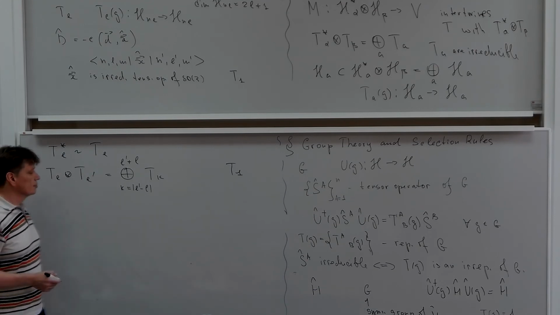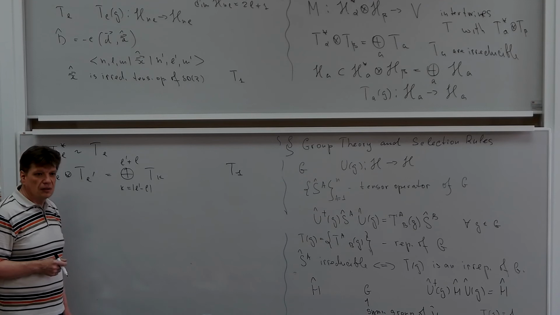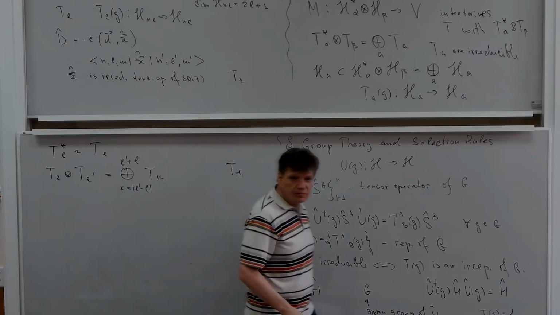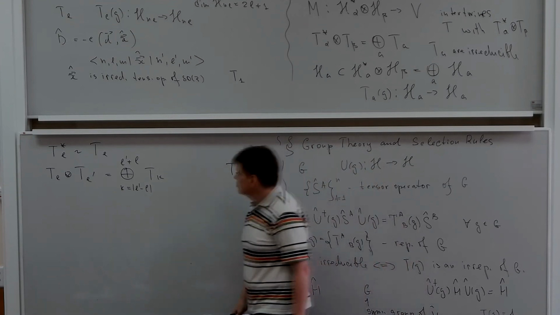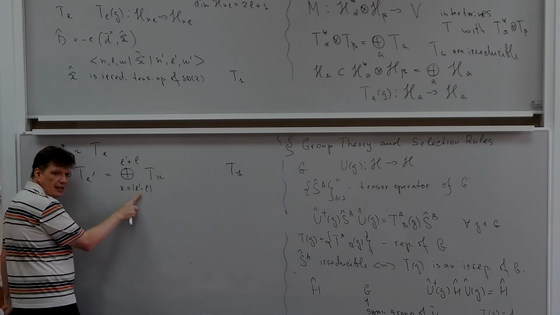This is the selection rule. We see that this sum starts with the difference |L' minus L|.